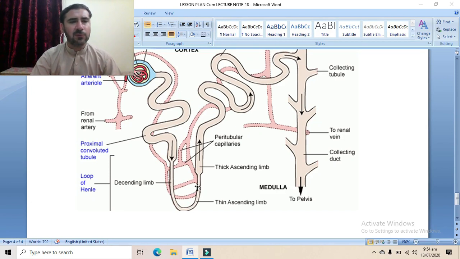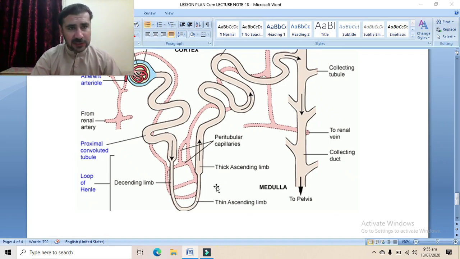This mechanism will further multiply the reabsorption of water, which is already performed by these proximal and distal convoluted tubules, but this mechanism will enhance that process, will multiply that process. That's why it is known as the countercurrent multiplier system.